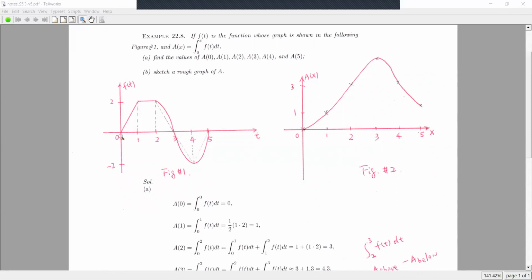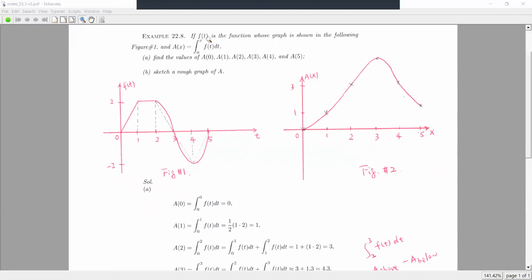The base is 1 and the height is 2, so the area is 1/2 times base times height, which is 1. Therefore, this integral is 1.